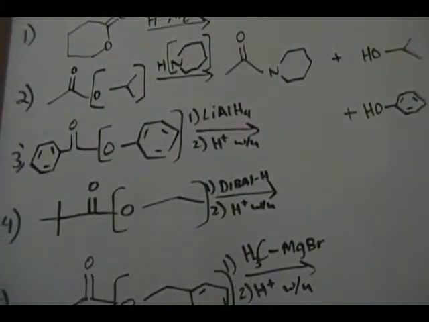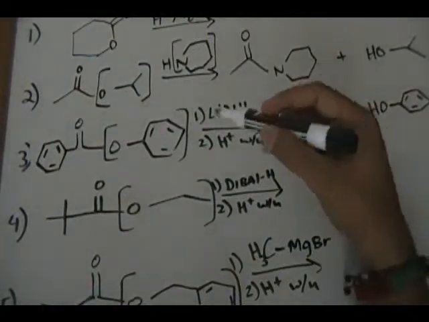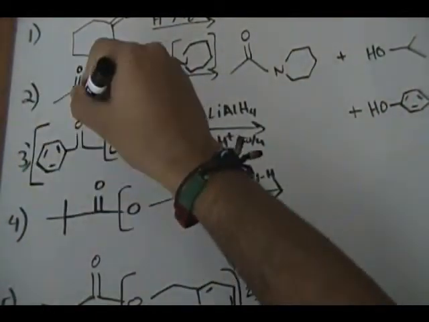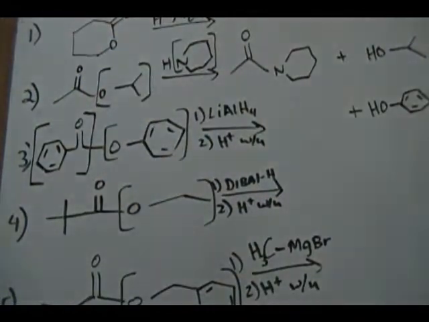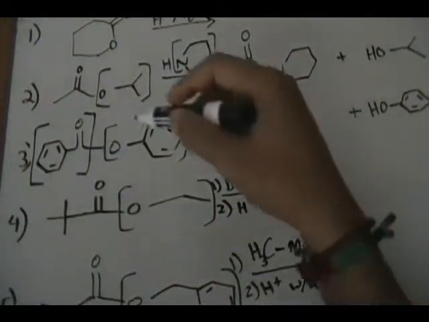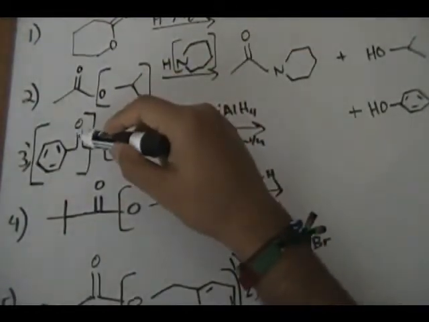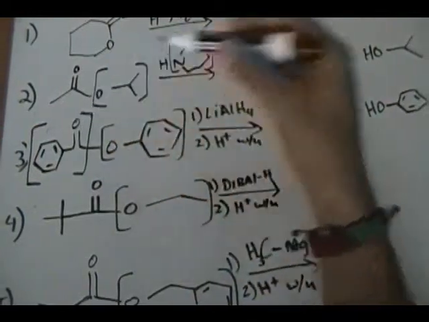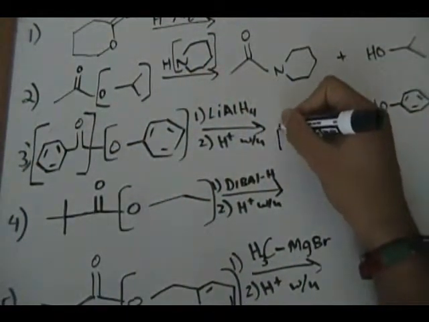And the other alcohol we form, remember, in this case when we're reacting with lithium aluminum hydride, this piece that I'll put in brackets now is always going to be a primary alcohol. And if you recall, I showed you guys that in order to draw the primary alcohol, all we have to do is erase one of the bonds from the carbonyl and add an H to the oxygen, and that's what we're going to do to draw our other product.